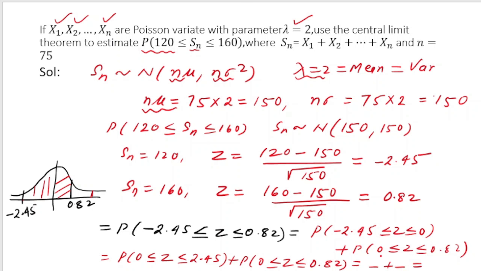If you look into the table, I will get the answer like 0.7868. I sincerely request you to please check the table, because at least you will understand how to check the table, right? I could have written it, but I have avoided it.